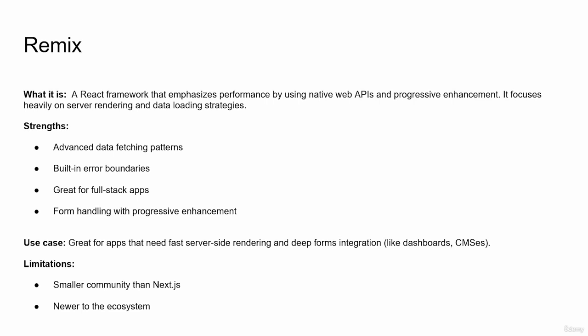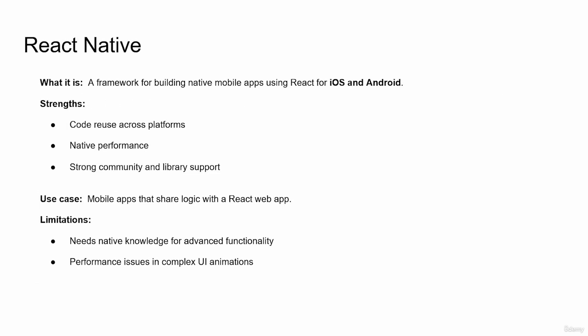Okay, and now understanding another one, React Native. Also understanding what it is. React Native is a framework for building native apps using React for iOS and Android. Its strengths are code reuse across platforms, native performance, and a strong community.